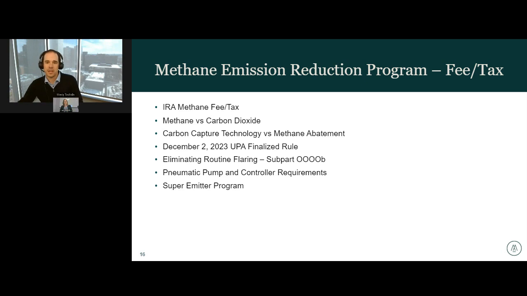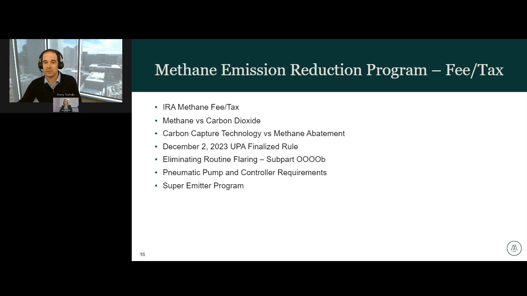And there are a number of items on how to do this. We're seeing it done differently by basin. With pneumatic pumps, particularly in Colorado, we're seeing a lot of operators moving from natural gas driven pumps to electrified pumps to reduce emissions. As we get into the super emitter program, for super emitters that produce a lot of CO2 and methane, there was additional clarity on how the EPA is going to treat this, particularly when we look at third parties that are going to come in and monitor any type of super emitters.